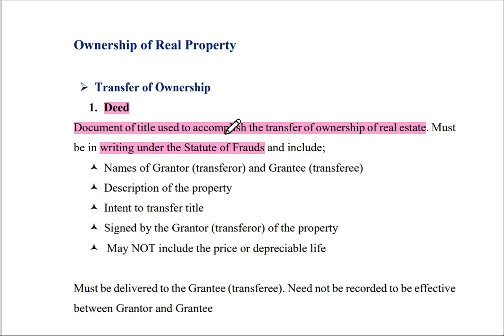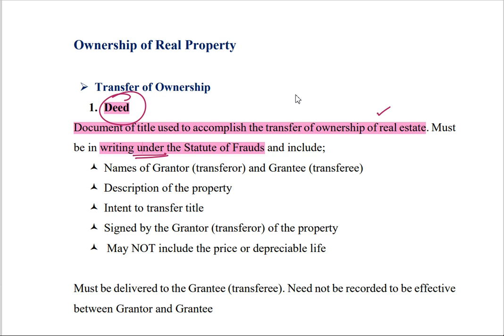Now, with regards to real properties, transfer of ownership happens on a deed. What's a deed? A deed is a document of title used to accomplish the transfer of ownership of real estate. As per the statute of frauds, this needs to be in writing.